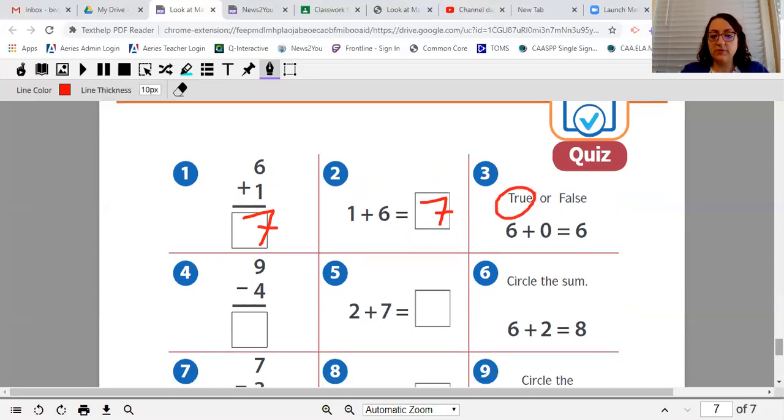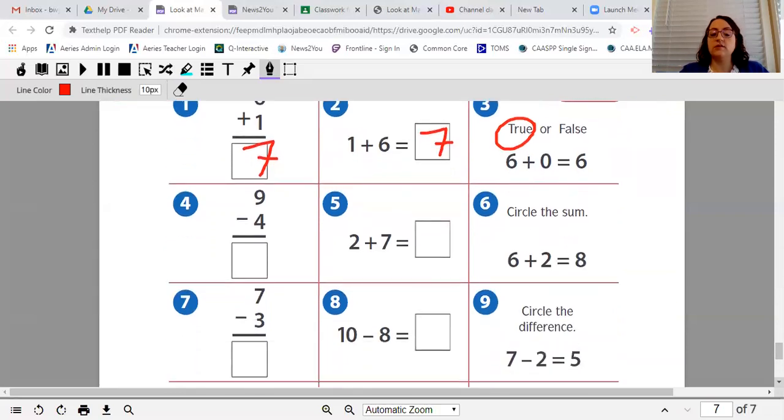Down at the bottom here, we have 9 minus 4. So I have 9. I'm going to take away 4. 1, 2, 3, 4, which leaves us with 1, 2, 3, 4, 5. Here, guys, we have 2, and we're going to add 7. We're going to go 3, 4, 5, 6, 7.